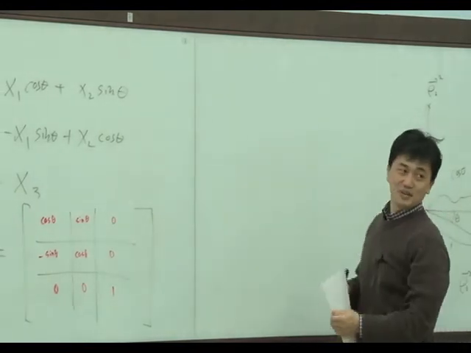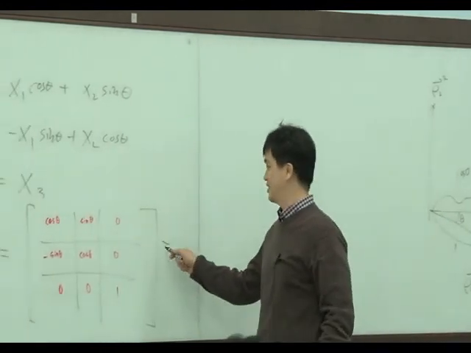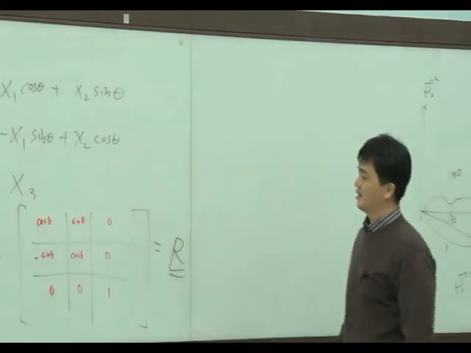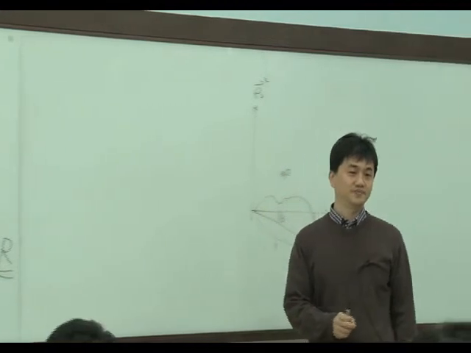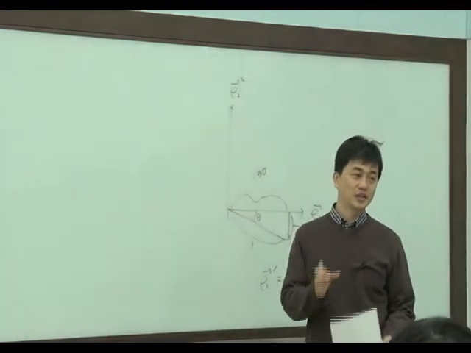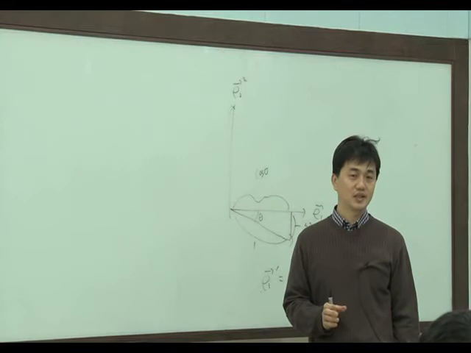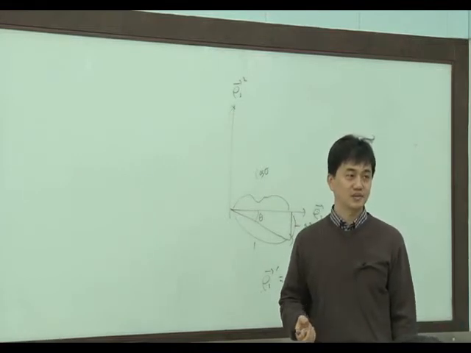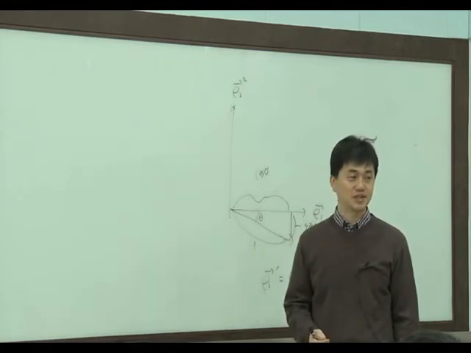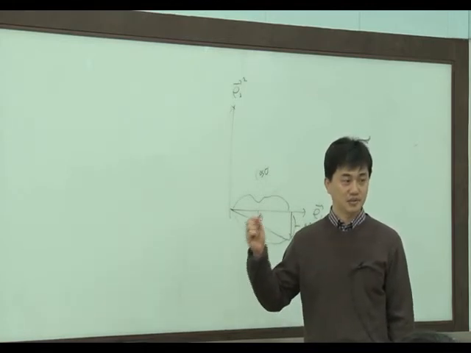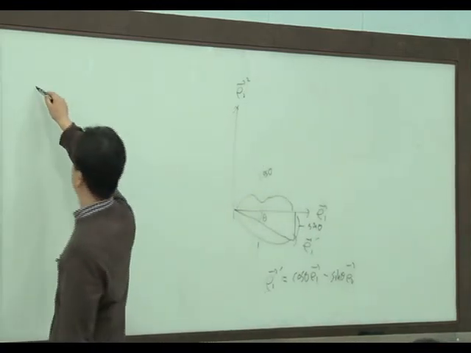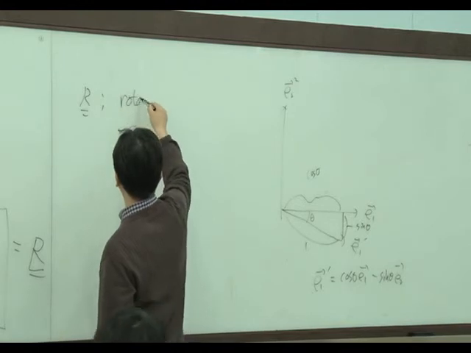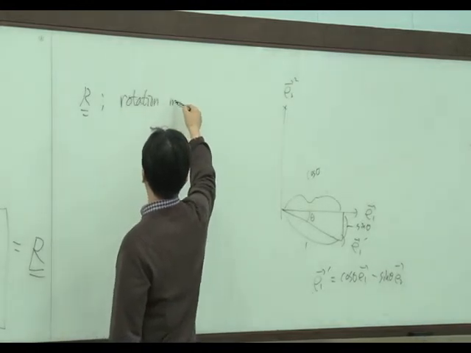This is a very, very well-known rotation matrix, R. So when a body is under rigid body rotation, the deformation matrix becomes a rotation matrix R. So R has a name, rotation matrix.